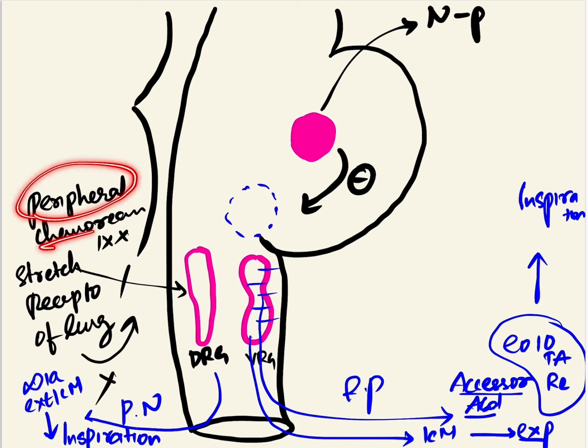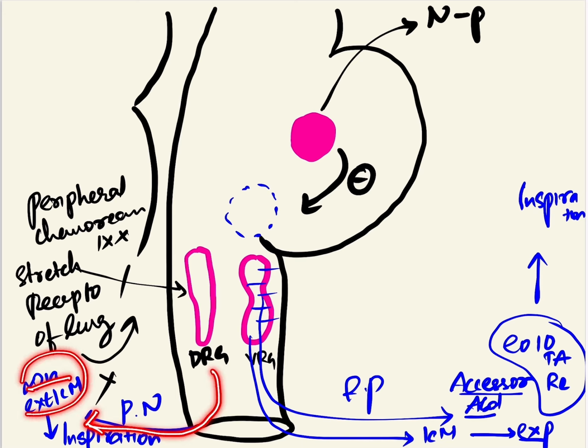These increased contents are detected by the peripheral chemoreceptors and central chemoreceptors. They come to the dorsal respiratory group or some sort of inspiratory respiratory center, and the motors go back to the diaphragm and external intercostal muscles, and they stimulate the inspiration. This is one example condition I am telling you about.